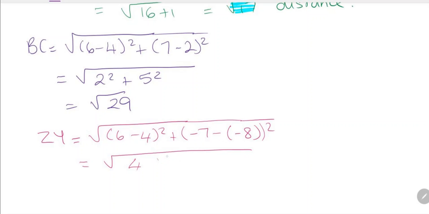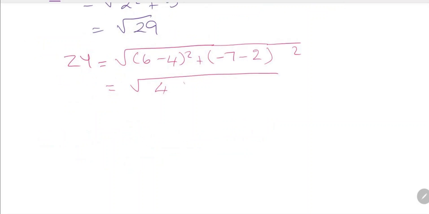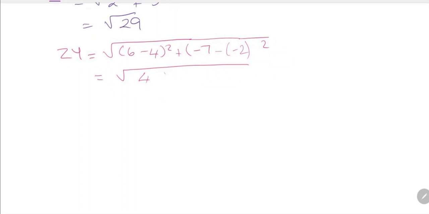Okay, just corrected this. So it's minus 7 minus 2. So that's minus 7 minus minus 2, which is plus 2. So that's 5, which is 25. And so that is 29. So those are equal as well.